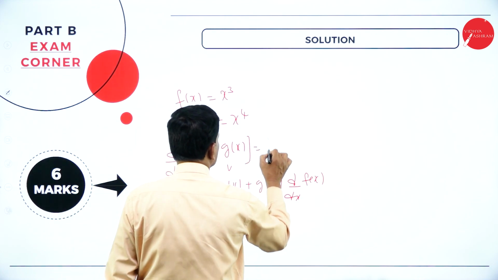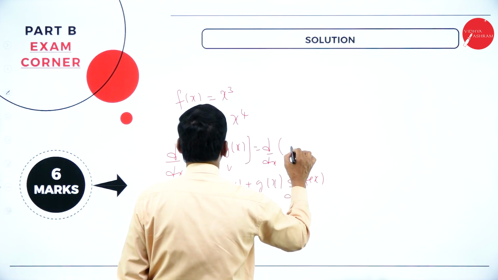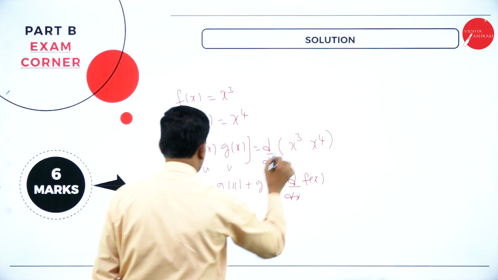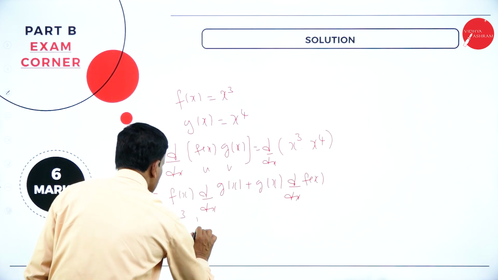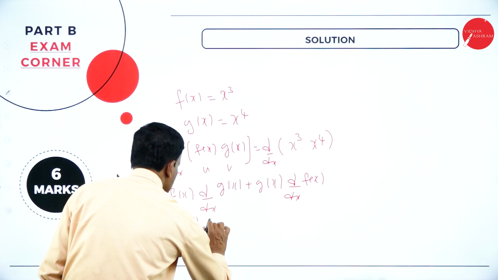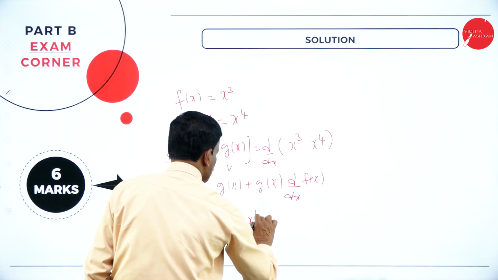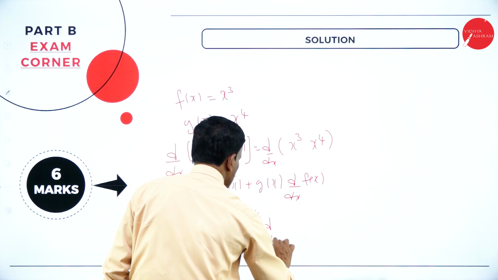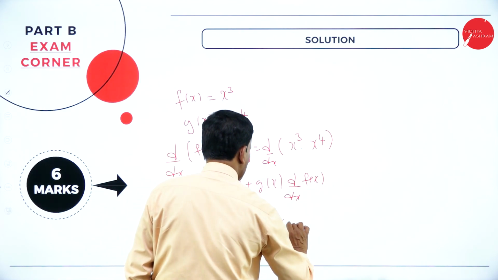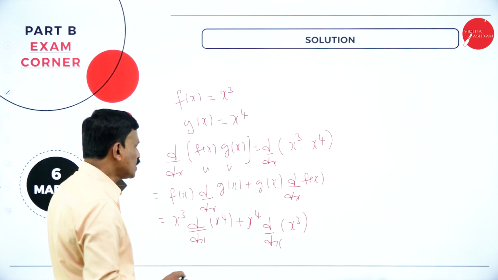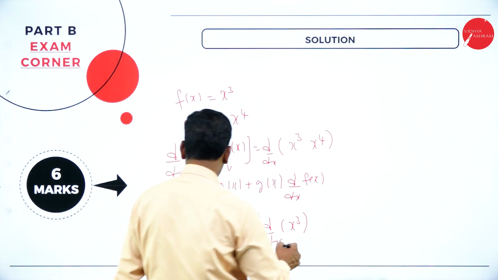This is nothing but d by dx of x cube into x to the power of 4. What is the first function? X cube into d by dx of the second function x to the power of 4 plus the second function x to the power of 4 into d by dx of f of x, that is x cube. First function into differentiation of second plus second function into differentiation of first function.